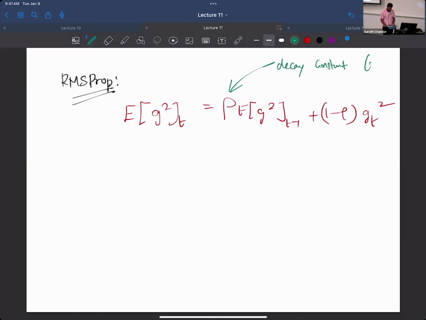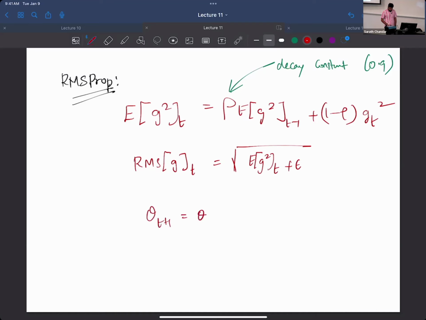This is also typically set to 0.9 or close to that value. Now, the RMS of g is given as the square root of E[g²](t) plus epsilon, and theta_(t+1) is equal to theta_t minus alpha divided by RMS_t times g_t.